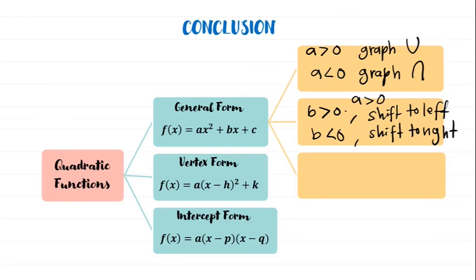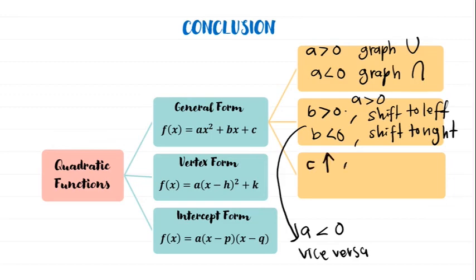And vice versa, which means that if we have a less than 0, it is the reverse. Lastly, if c increases, our graph will shift upward. If the value of c decreases, the graph will shift downward.